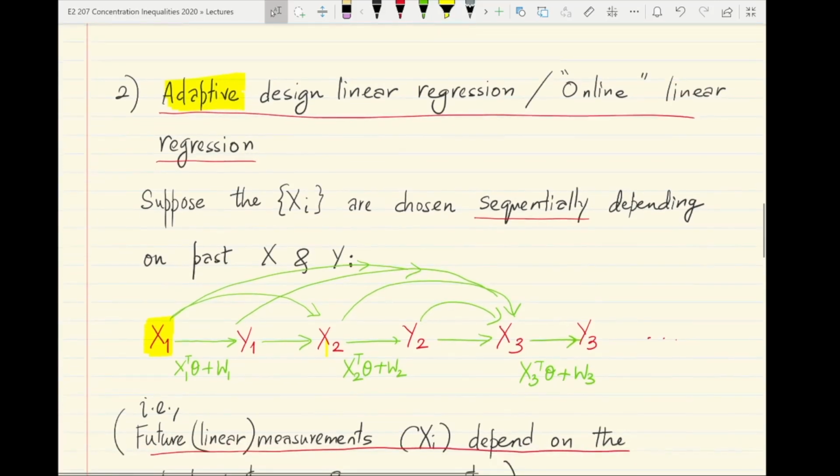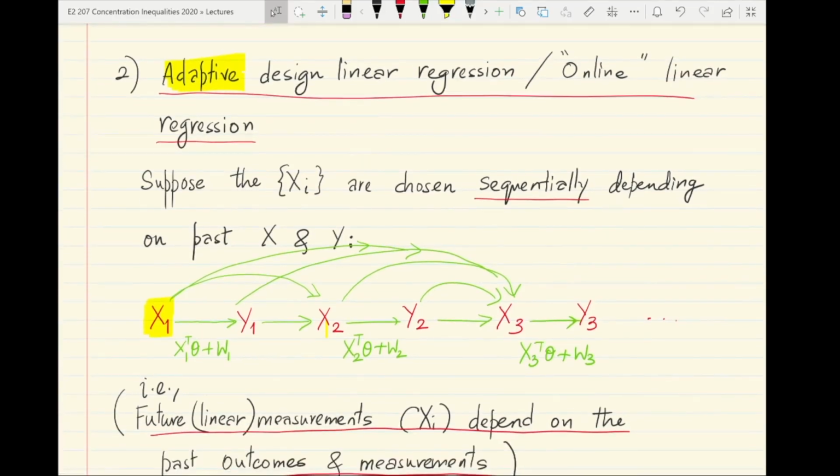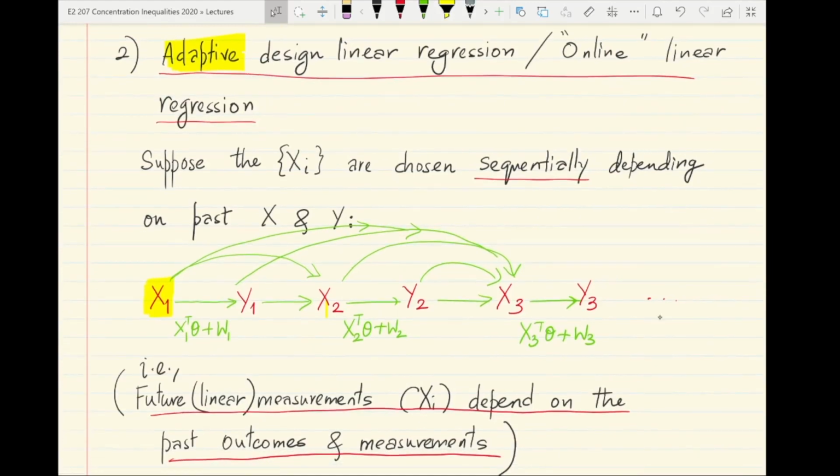The key difference from the previous fixed design setting is that the future linear measurements, that is the x's, can actually depend on the outcomes seen so far. So upfront there is no way to predict or decide what the trajectory of the measurements x's will be, as opposed to the fixed design linear regression setting.